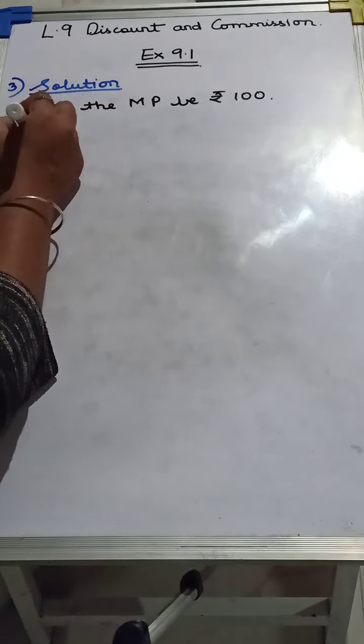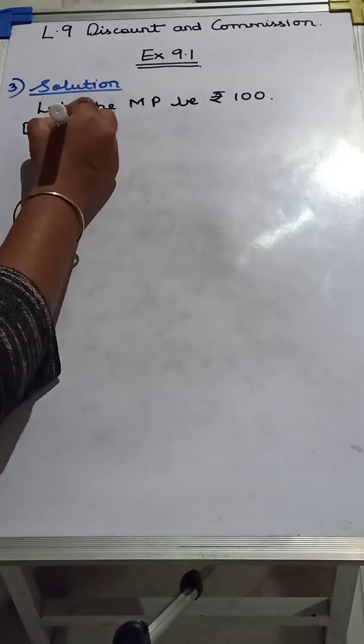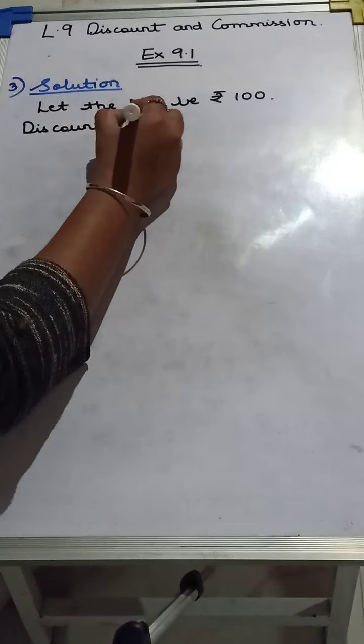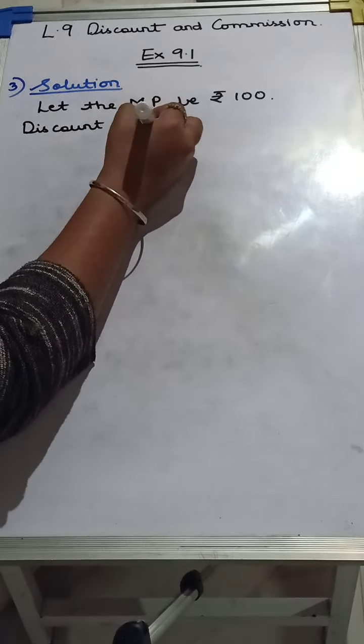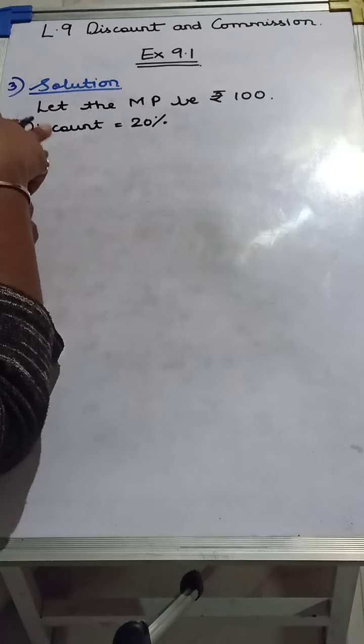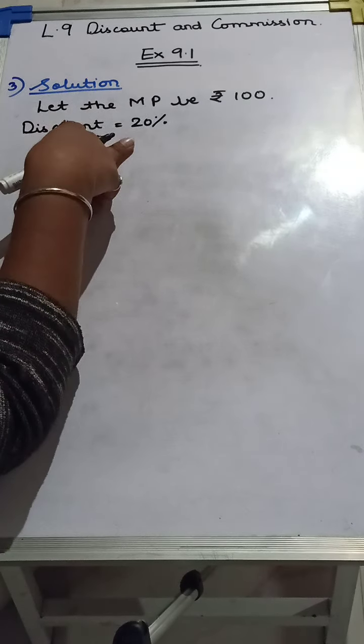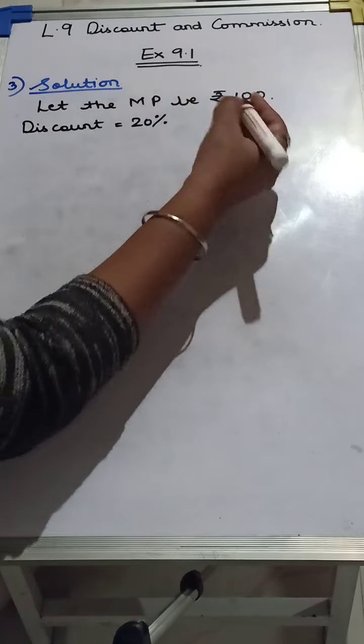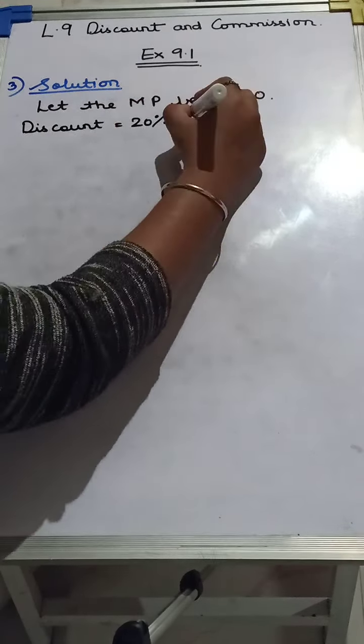So now what is given is discount, which is 20%. You can see in your textbook also, discount is 20%. Now if discount is 20%, that means what will be the discount here in rupees?